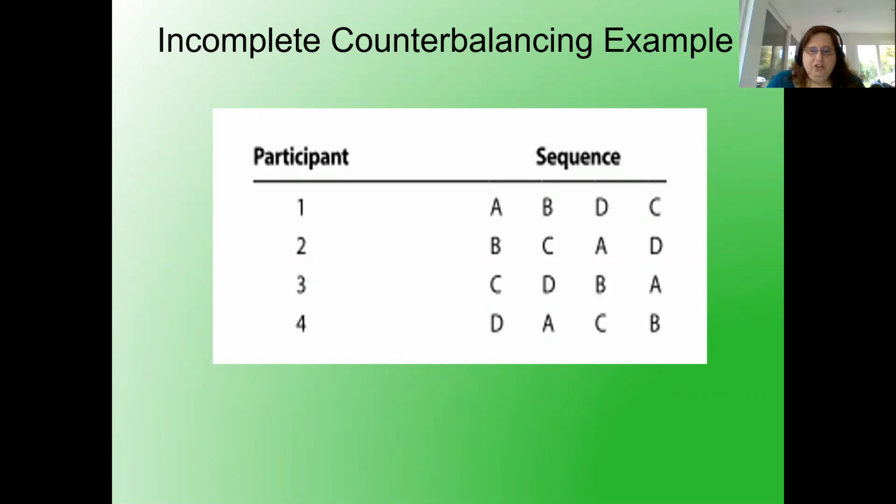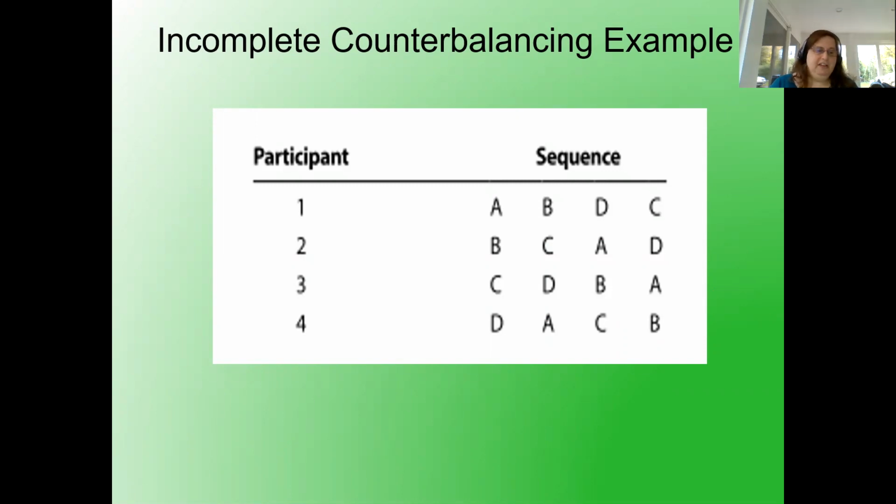Well, a treatment condition might affect participants' performance in a later condition in one way, and in another way when followed by a different condition. In other words, let's say that drug A has a differential carryover effect when followed by B than when followed by C. So that could be a problem there.